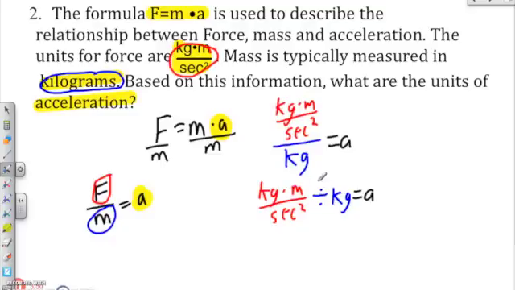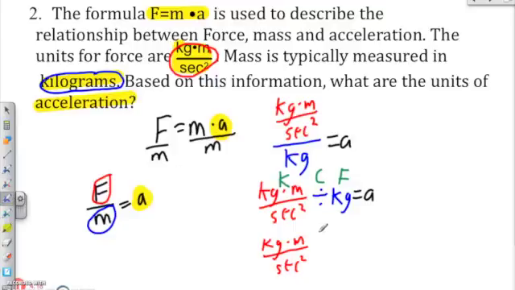Now what this is going to let me do is manipulate this a little bit further. If you remember from when we were dividing by fractions in middle school, you had a little trick called keep, change, flip, where you keep the first term exactly the same. So we're going to just write kilograms times meters over seconds squared.